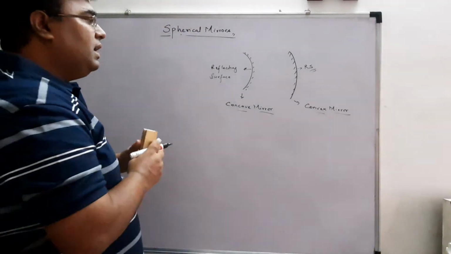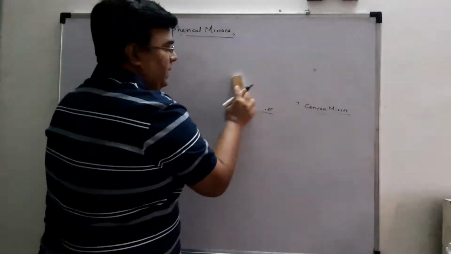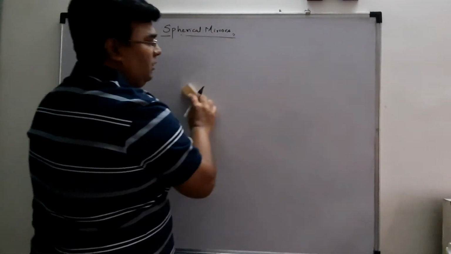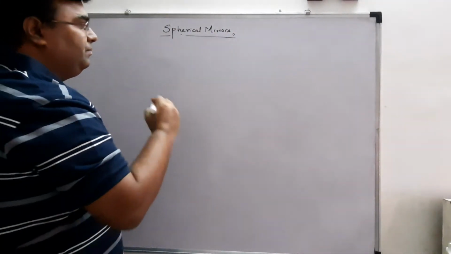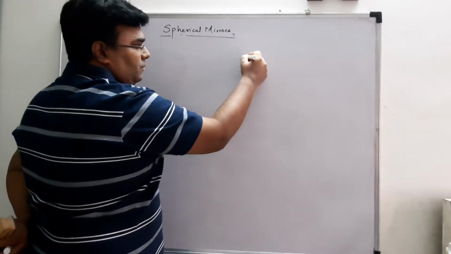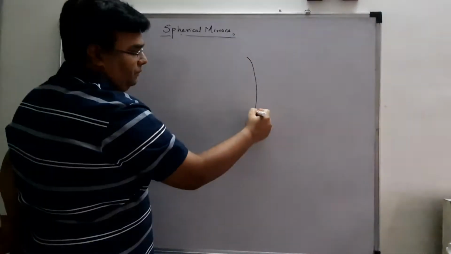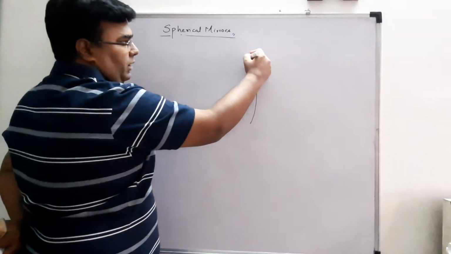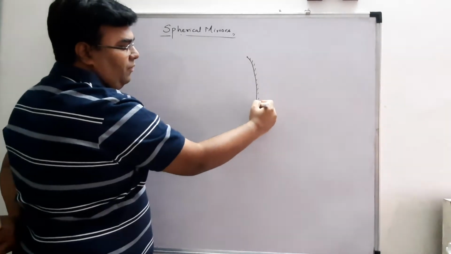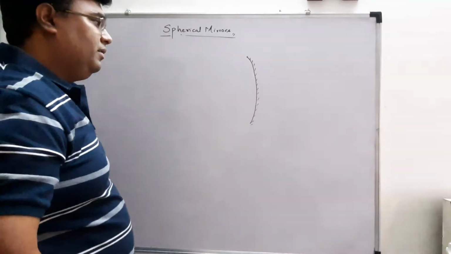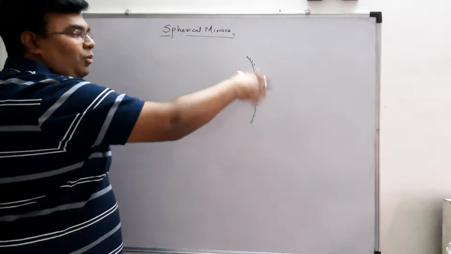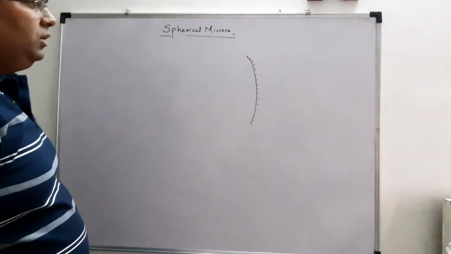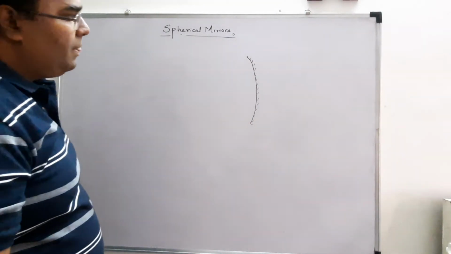Now we will understand the basic terms of spherical mirrors. Let us understand with the help of a concave mirror. This is my concave mirror. I have polished it outside.